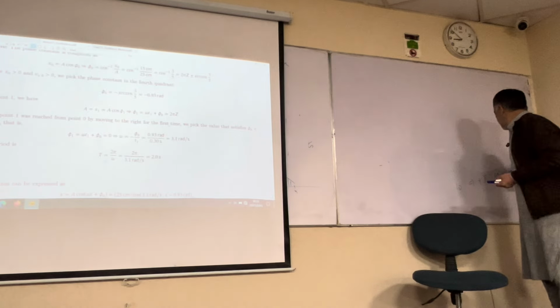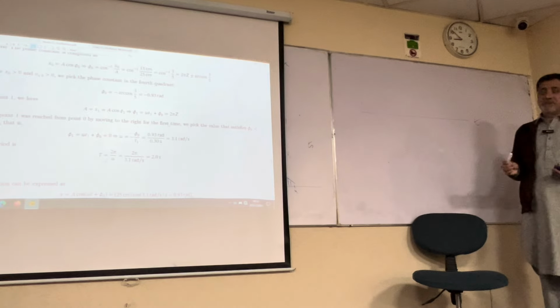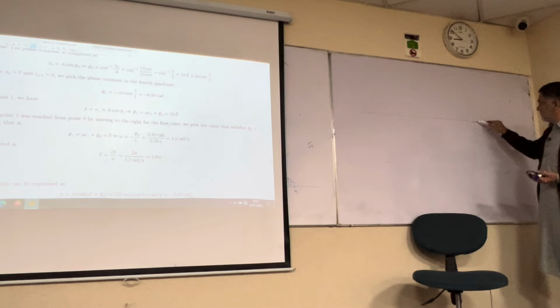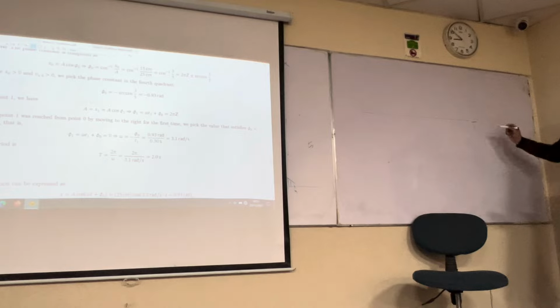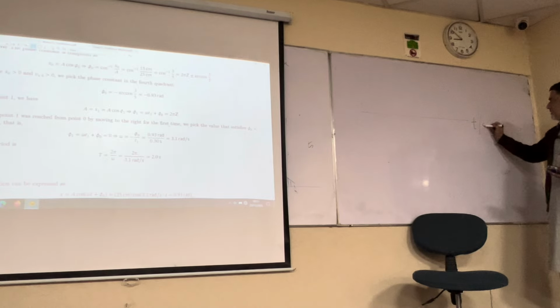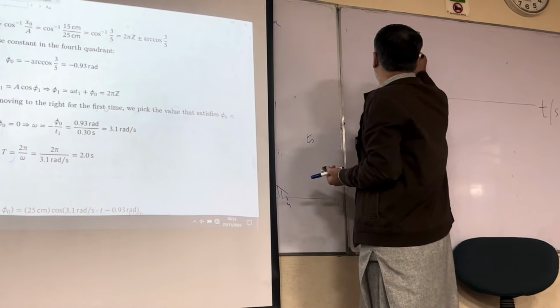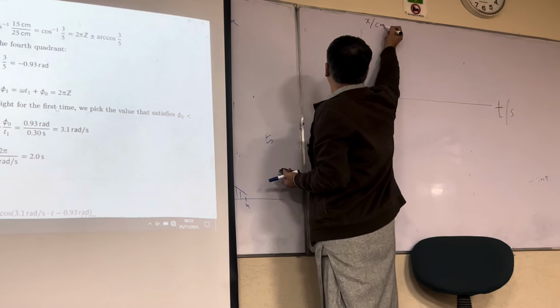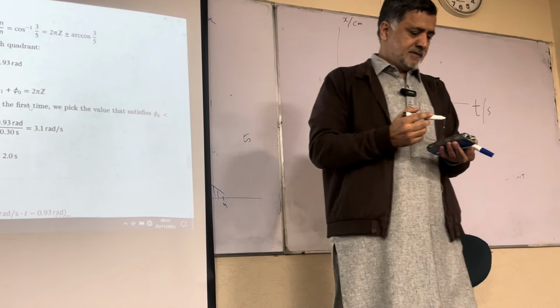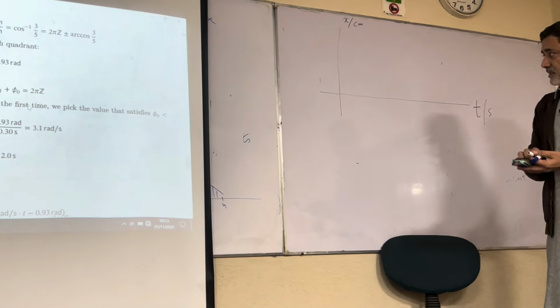So what can we do so far, right? So that graph we are looking for will have, of course, the time axis, and of course it will be per second, and this will be per centimeter. So how does it start?